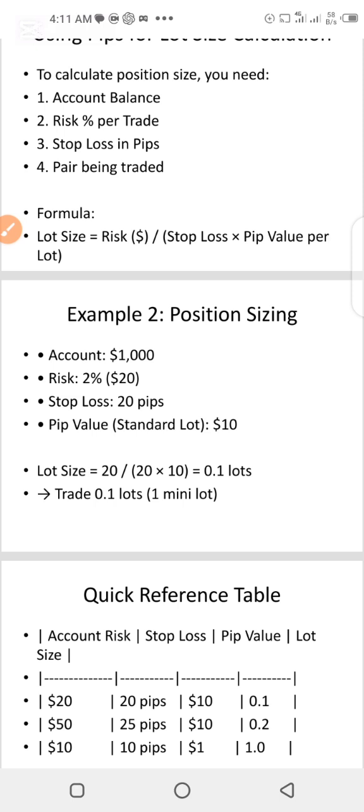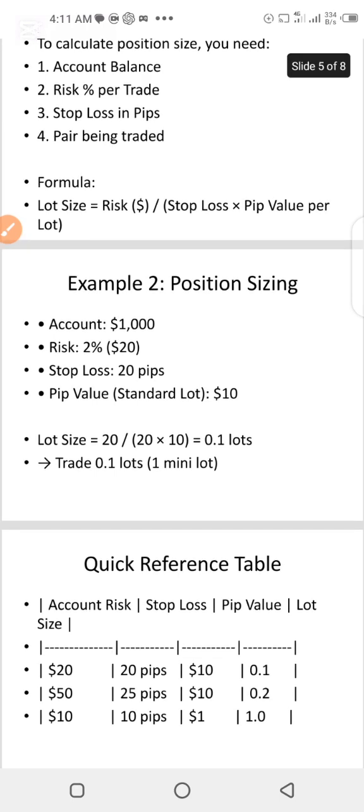If you check it here, it says the lot size is equal to 20 divided by 20 times 10, which is equal to 0.1 lot size. Now it gives you an example here. The lot size you're going to enter the market with is what we call the mini lot size, which is $1.